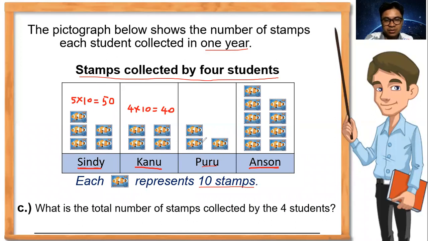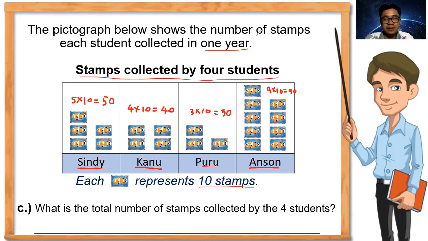Puro, how many? 1, 2, 3. 3 times 10 equals 30 stamps. Anson, how many? 1, 2, 3, 4, 5, 6, 7, 8, 9. 9 times 10 equals 90 stamps.